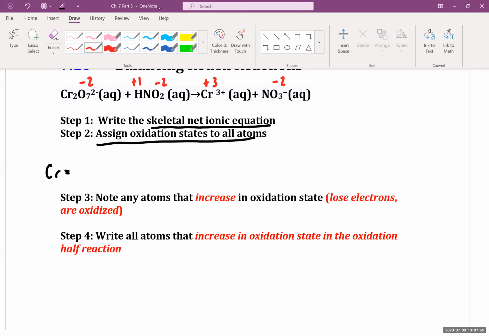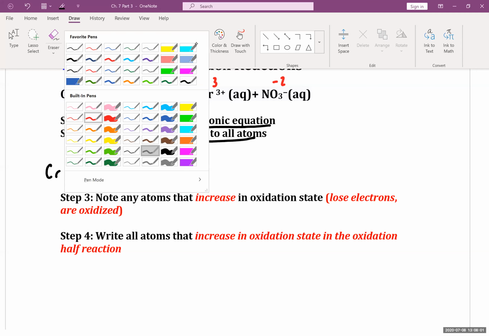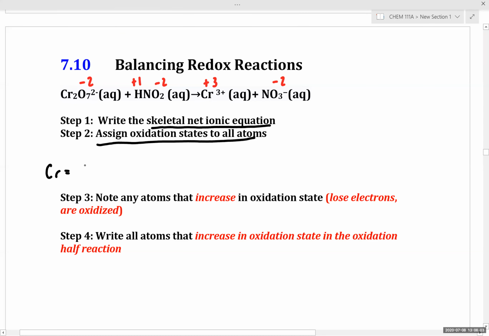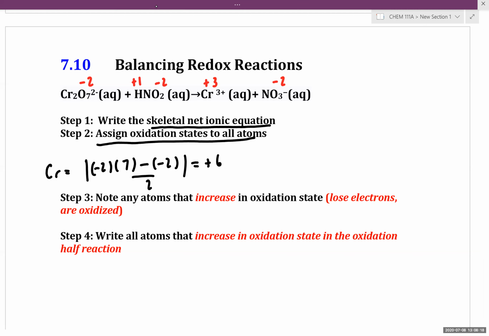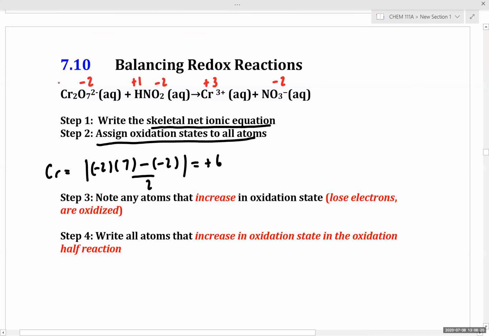Now let's do the difficult ones. So chromium in chromium oxide is equal to the oxidation number of oxygen times the number of oxygen atoms minus the total charge over the number of chromium atoms. And that in turn gives us an oxidation number of +6.